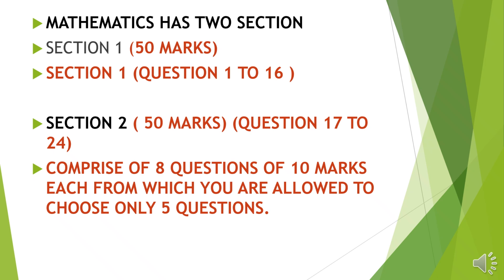Then section B comprises of 8 questions. That is number 17 up to number 24. Here you are required to only choose 5 questions from this section. So you have to be keen when you are choosing questions from this section B.